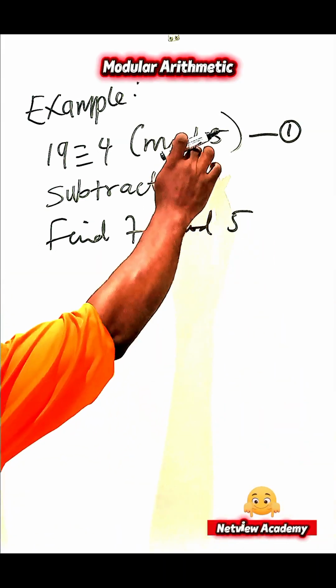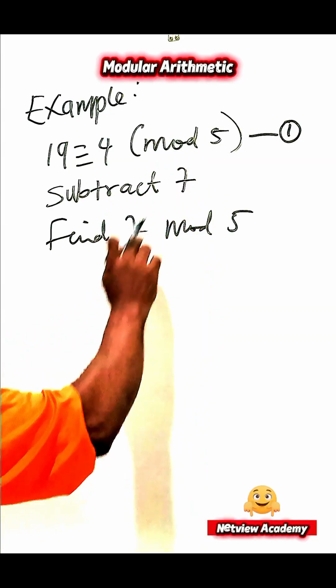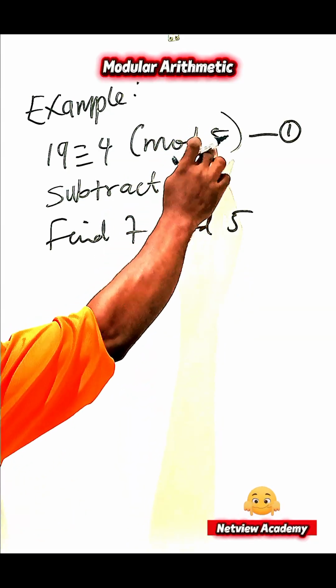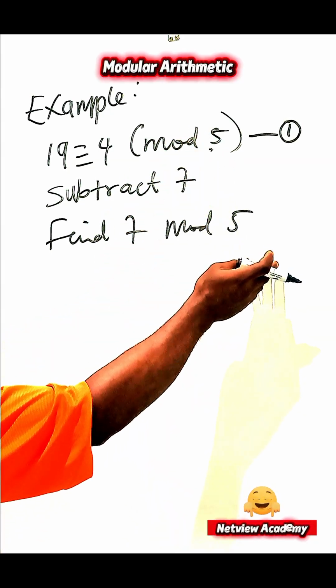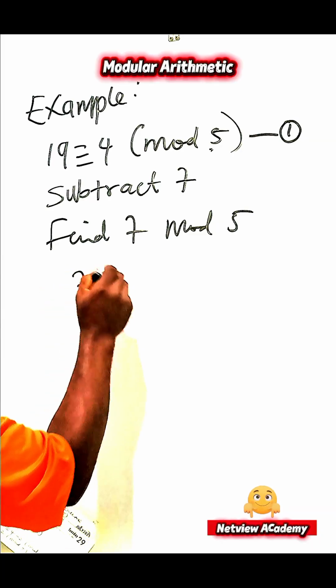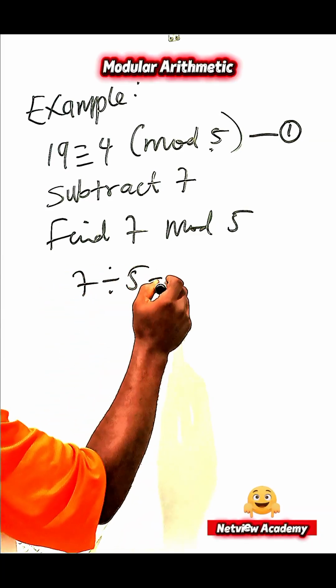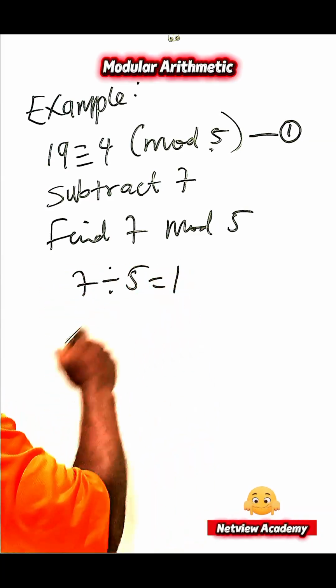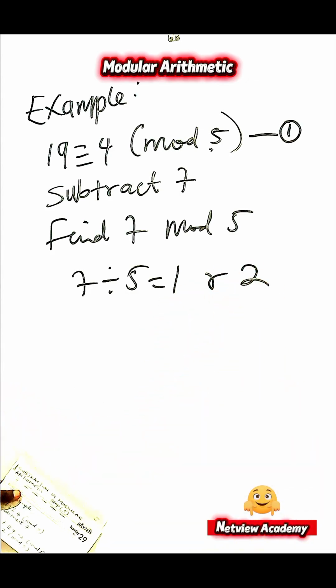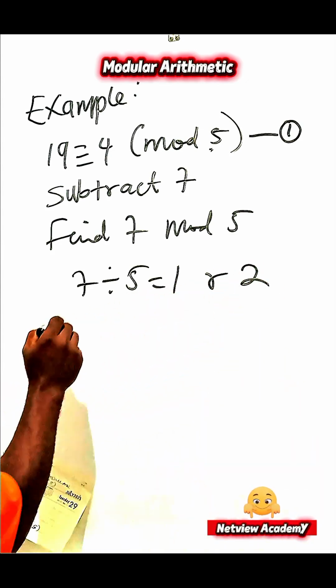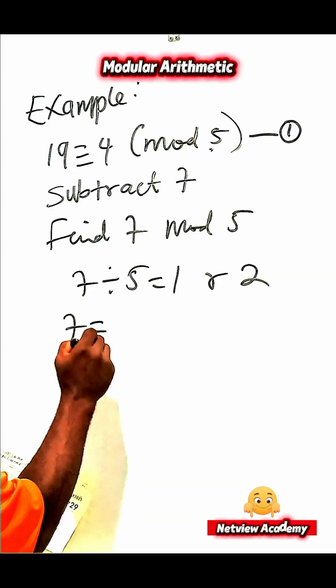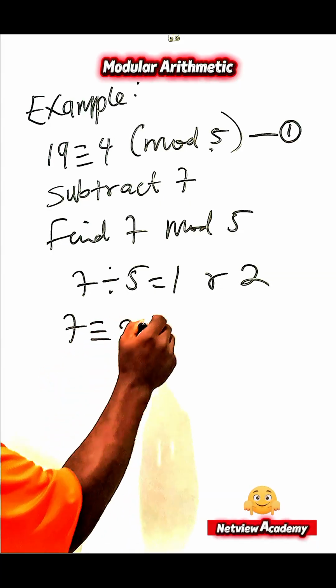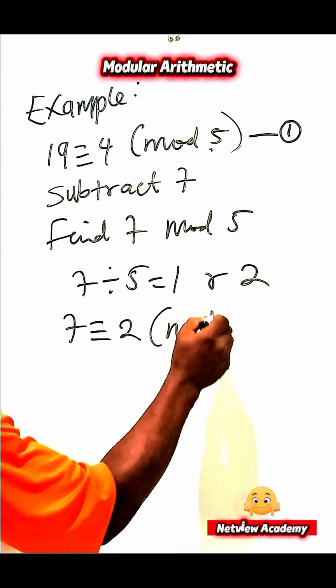So we divide 7 by 5 to get the remainder. Now, this is 7 divided by 5, which is equal to 1, remainder 2. And this is represented as 7 is congruent to 2 modulus 5.